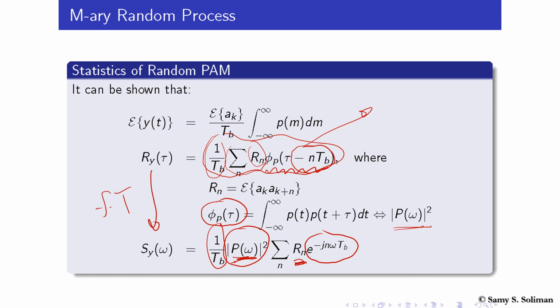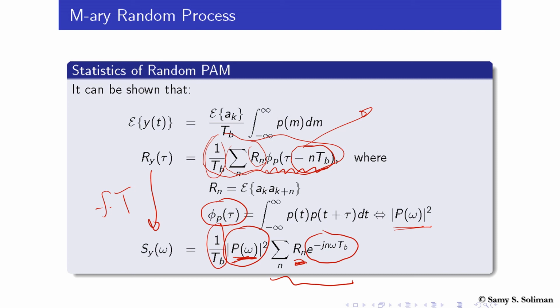So for any pulse shape P of omega, any polar random process will have the same second part. So you can use this result to calculate, for example, the power spectral density of unipolar non-return to zero signaling, and then you can use the same result to find the power spectral density of unipolar return to zero signal.